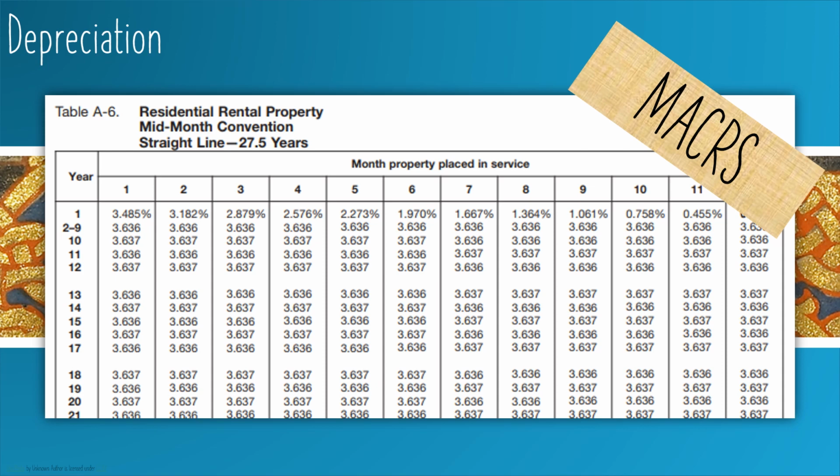Now, it's important to note too that this is for the building, which is again what you're most likely going to see in the case of somebody renting out their house, but appliances can be depreciated at a much faster rate as well.